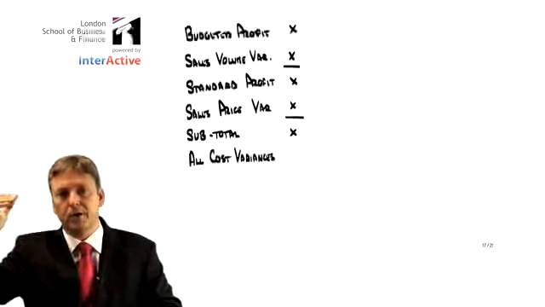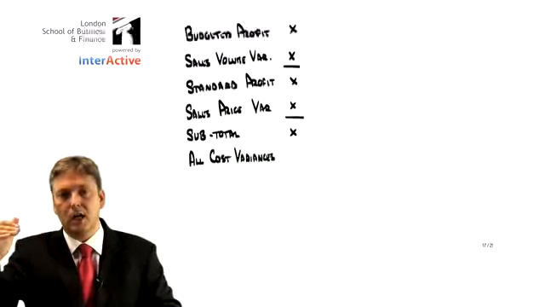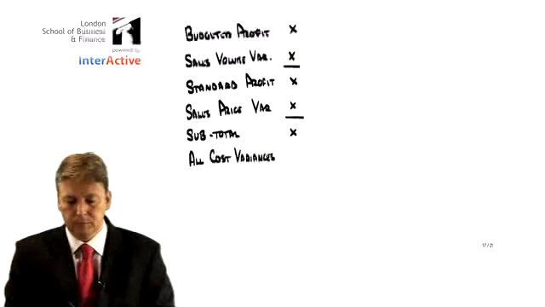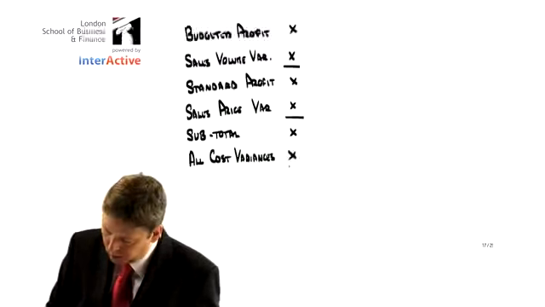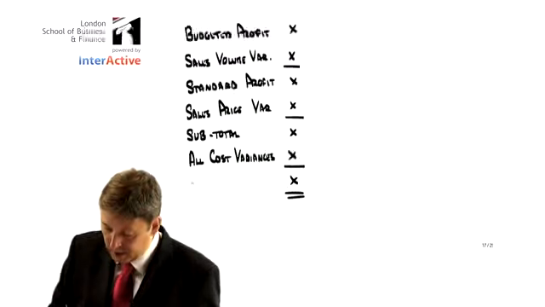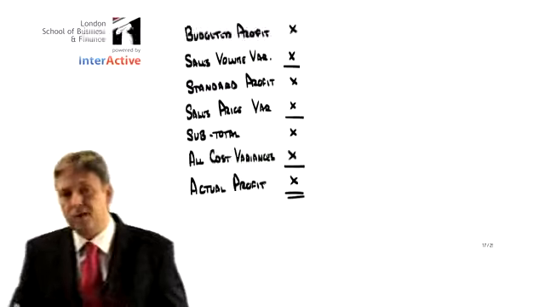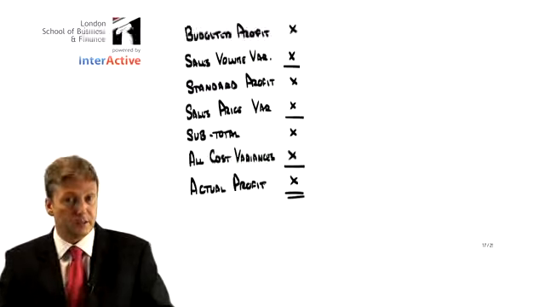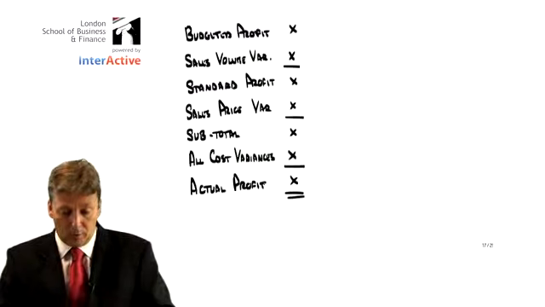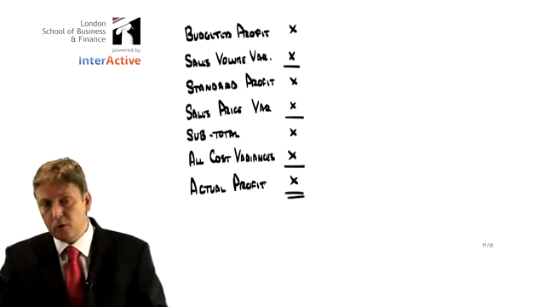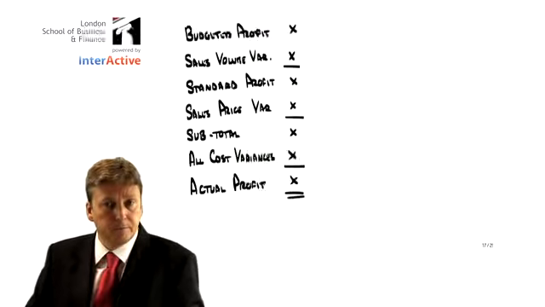Material price, material usage, labour rate, labour efficiency, and so on. And once we've got all our cost variances, yes, there is an element of magic about it. Hey presto, abracadabra, we end up with our actual profit. If that's not magic, I don't know what is. Well, okay, that's the pro forma under absorption costing.